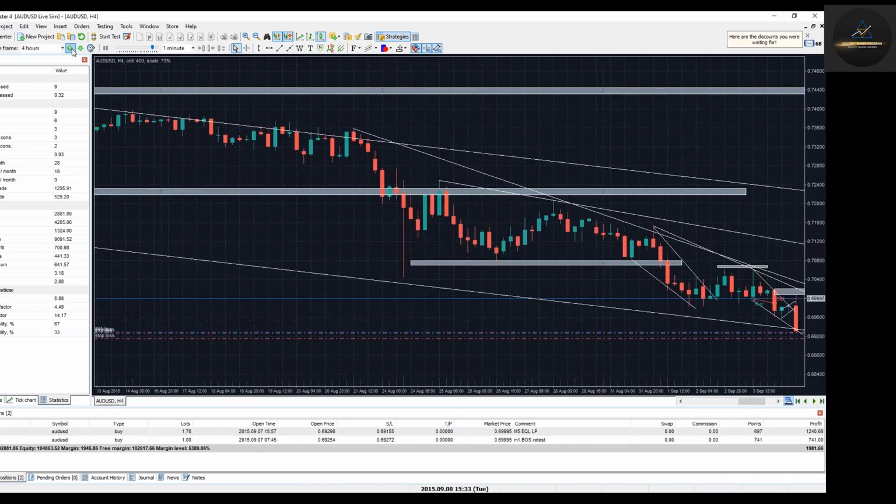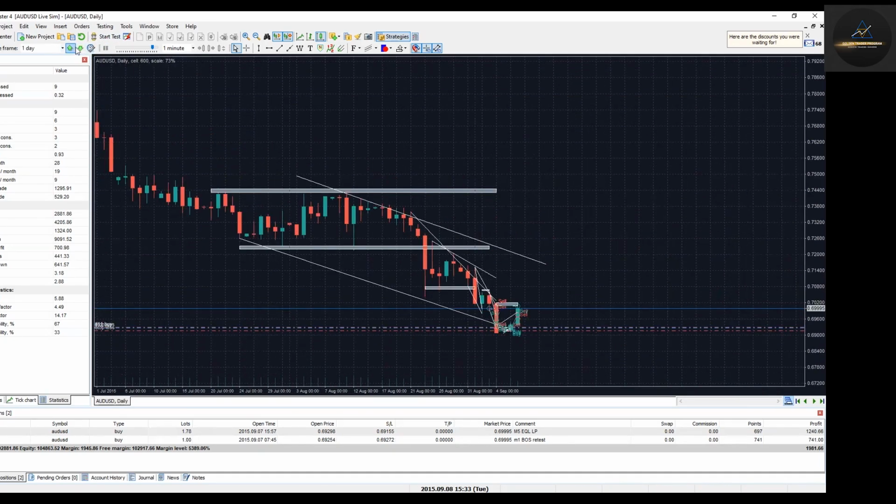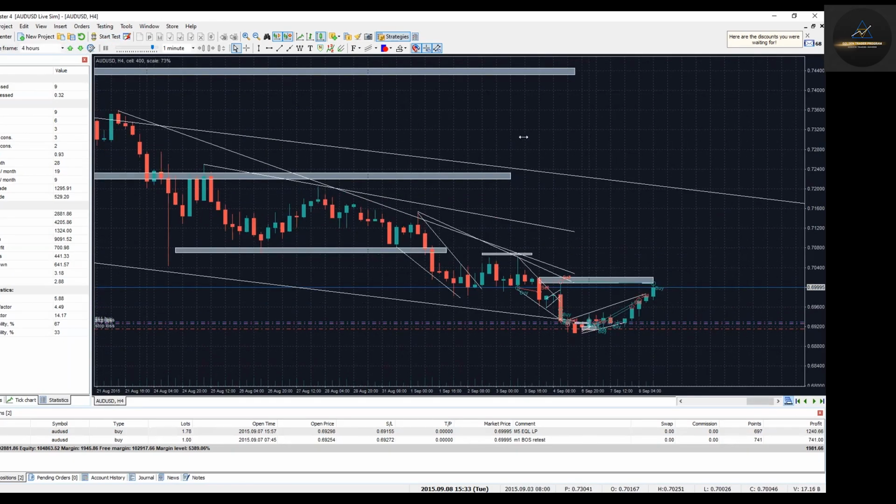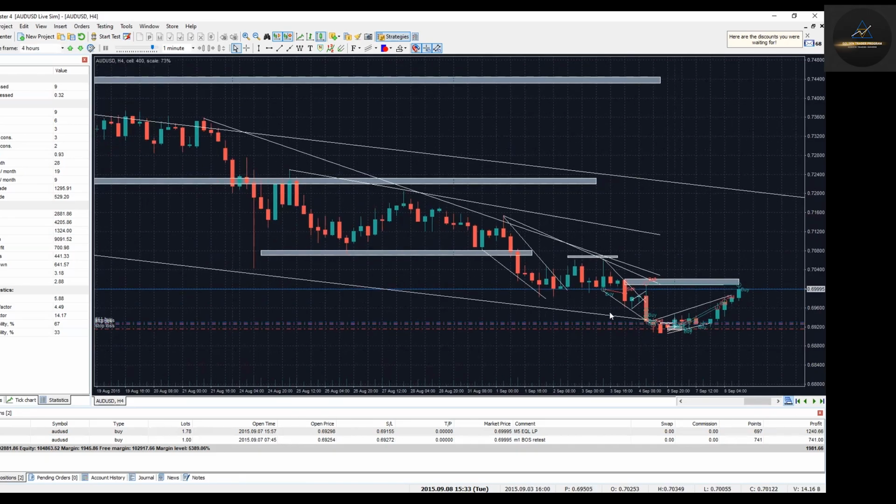So if we zoom out to the 4-hour or daily, I was looking for an exit around here. So this trend line. And then I was looking for some sort of potential boomerang or some sort of correction here.